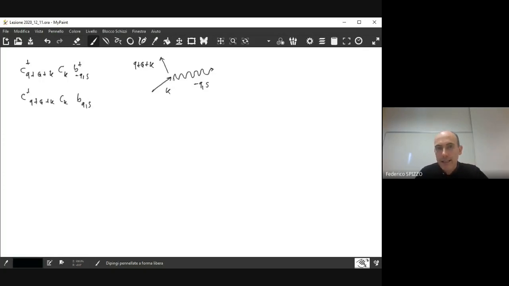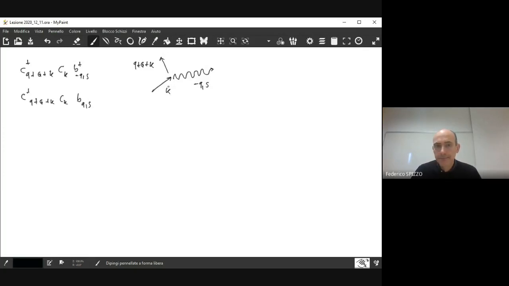That electron excites a phonon. So due to the motion of the negative charge, you interfere with the motion of the ions. Then what the electron produces in the system is an oscillation of the lattice. This oscillation has a wave vector minus q and polarization s.